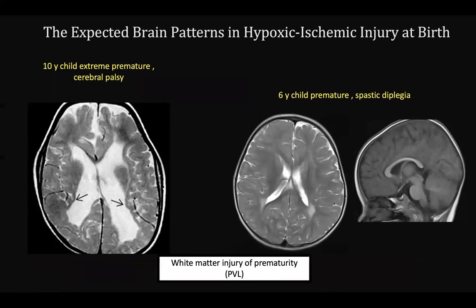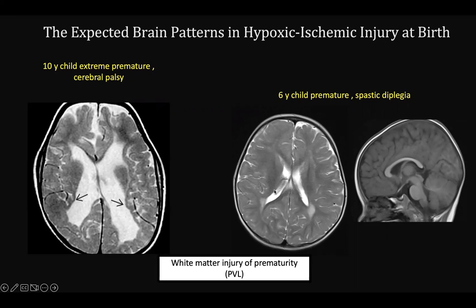And finally, these were mainly term neonatal patterns, but if you have a preterm, you have the famous PVL, sometimes very marked. We tend not to see this anymore. We see more like this case on the right-hand side, with basically abnormal signal in the periventricular white matter.